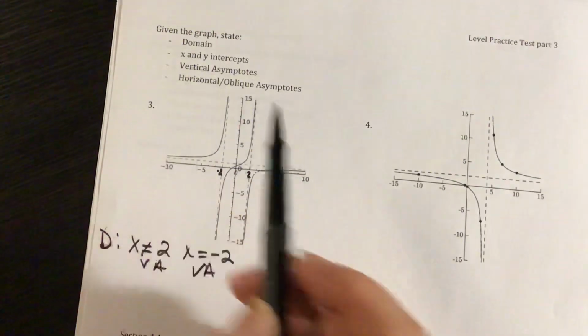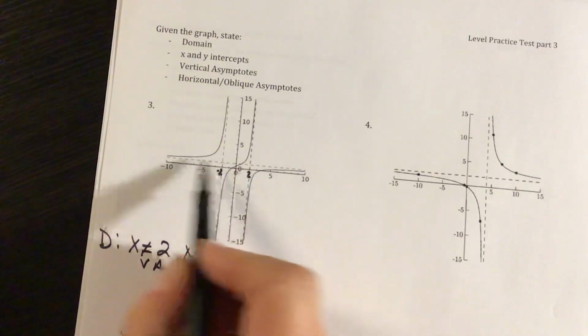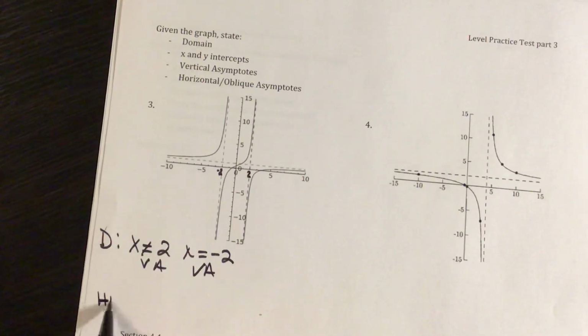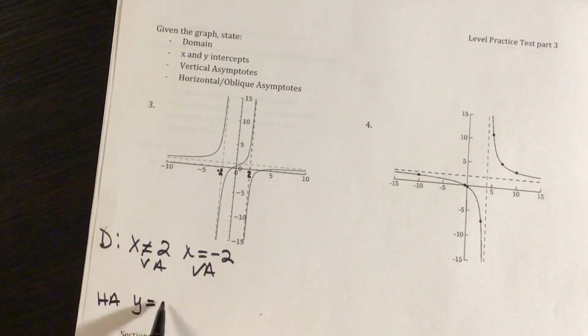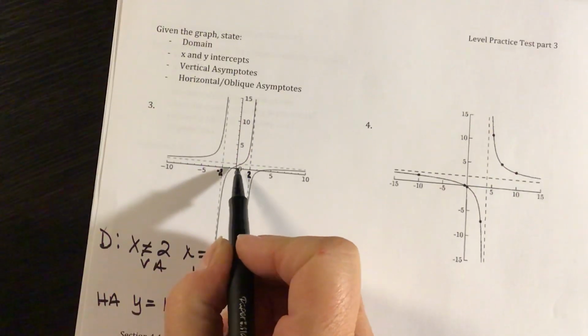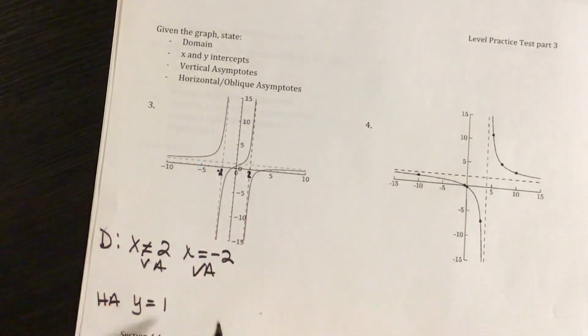If I look at my x-intercept, and by the way, it looks like I have a horizontal asymptote at y equals 1. But if I look at my x and y intercepts, it looks like the y-intercept is halfway between 0 and 1.